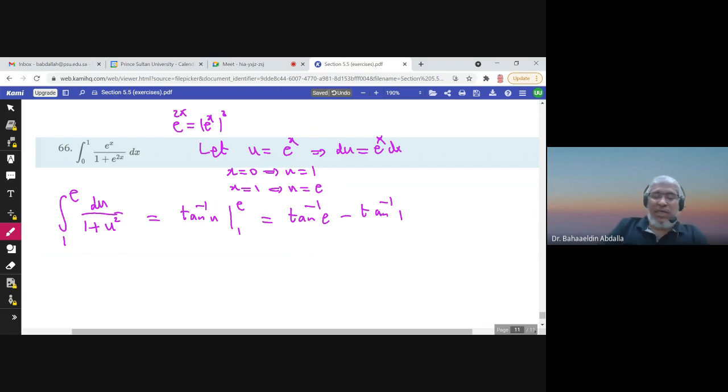This is the exact answer. If you want to find an approximation, you can use the calculator. Okay. Make sure that you are in the radian mode. So the answer is approximately 0.4328. So I will write it 3.